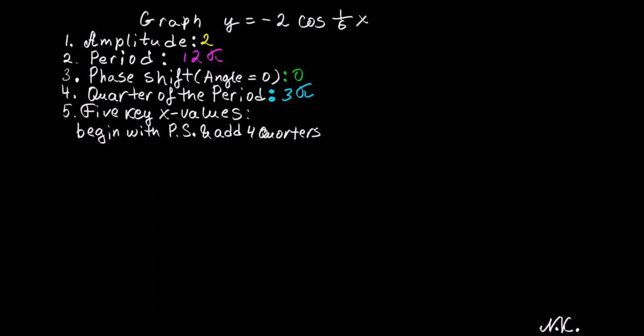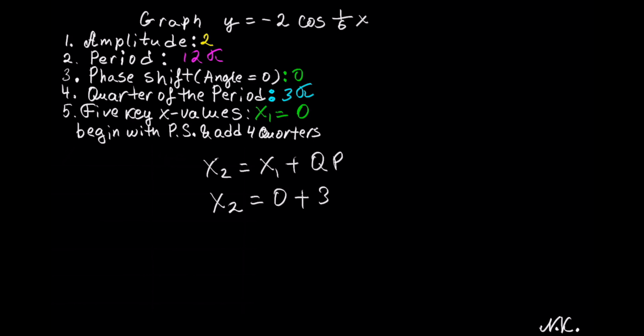Now we need to calculate 5 key x values, and the first x value is the phase shift, which is equal to 0. The next x value is equal to the previous x value, x1, plus a quarter of the period. So we get x2 is equal to x1, which is 0, plus a quarter of the period, 3 pi.